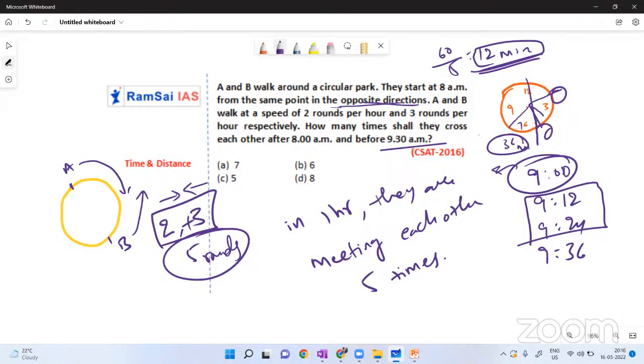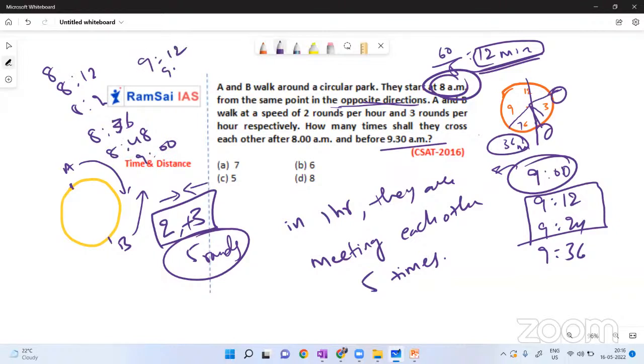So starting from 8 o'clock, 8:12, 8:24, 8:36, 9 o'clock, again 9:12, 9:24, 9:36. So how many times are they meeting each other? 1, 2, 3, 4, 5, 6, 7. So from 8 to 9:30 they are meeting 7 times.